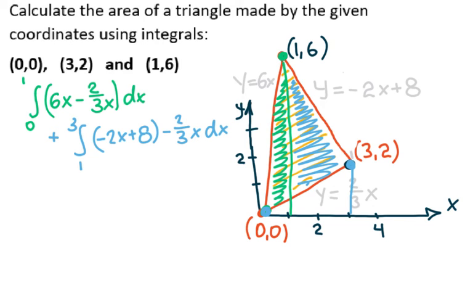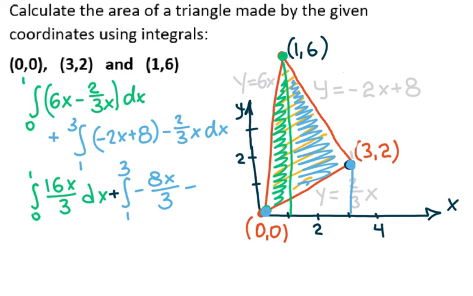So if we collect like terms for the green integral, we will have 16x over 3 dx, and if we collect like terms for the blue integral with the limits between 1 and 3, we will have negative 8x over 3 plus 8 dx.